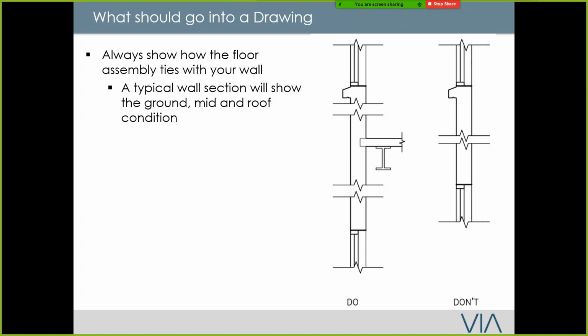Now, when you do a drawing that's a wall section, what we typically like to show is not just the bottom, let's say this sill, to the upper sill. What we want to show is the progression of your wall section. So here in the detail, we see it floor to the sill, and then the top of the sill to the underside of the floor.